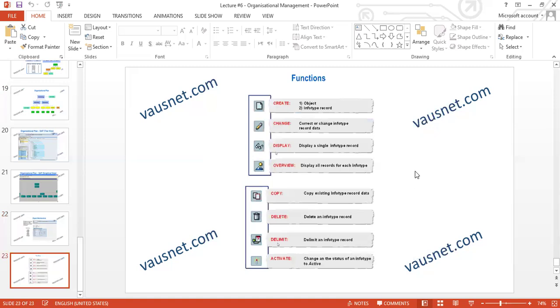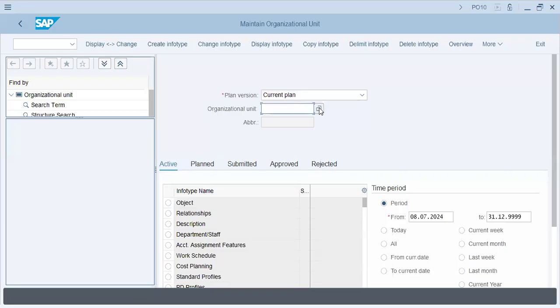Okay. So, speaking of SAP organizational unit, let's pick up anything from here.